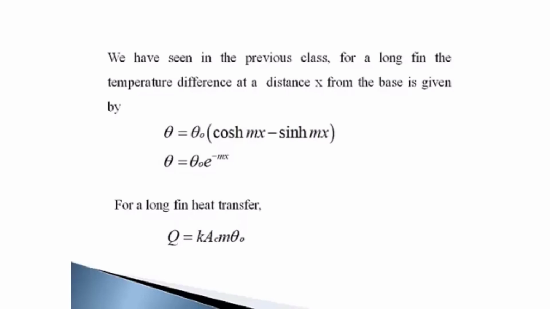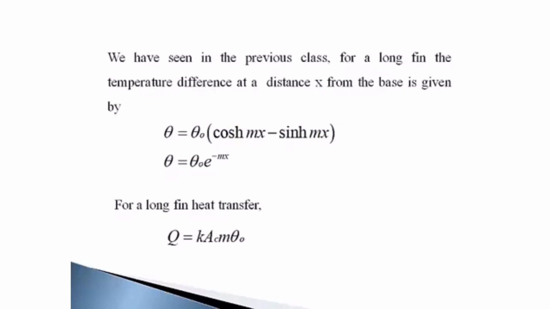The temperature difference for a long fin, theta, is given by theta 0 e raised to minus mx, where theta 0 is the temperature difference at the base of the fin, that is, between the base surface from where the heat is transferred and the surrounding, the difference between the base temperature and the surrounding temperature.